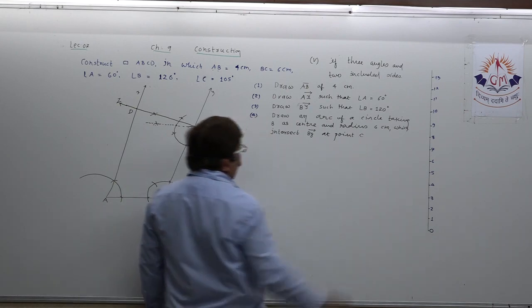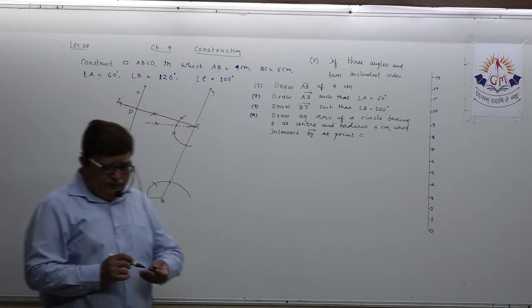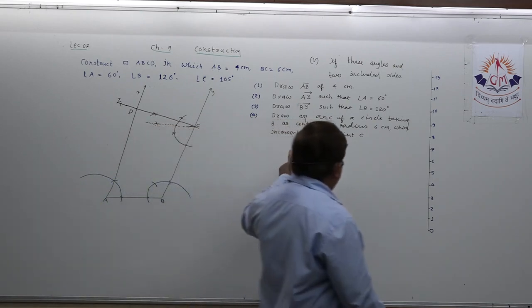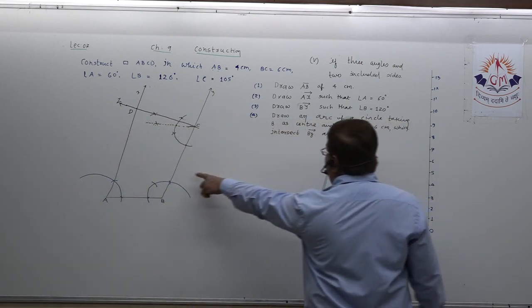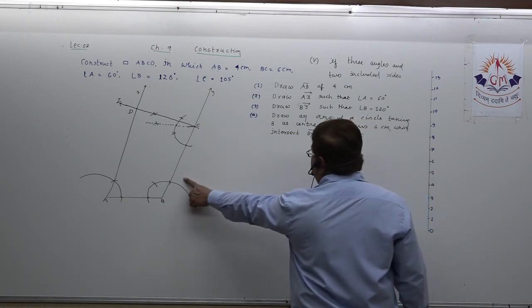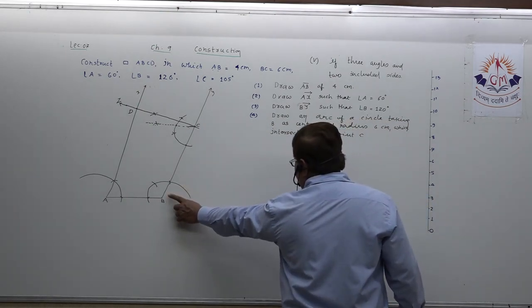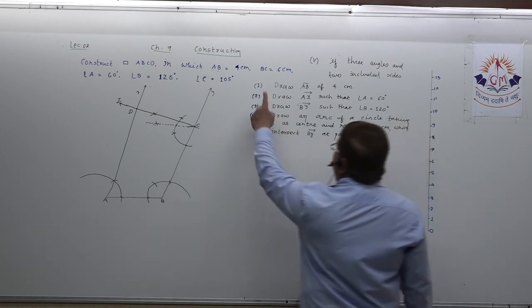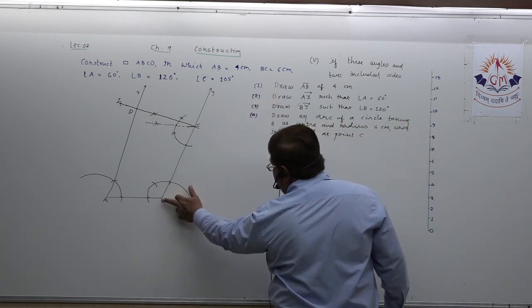Okay, dear student, please understand this step very well. What I have written in the step, please try to tally with the construction. You have centered at B and taken a radius of 6 centimeter because BC is 6.